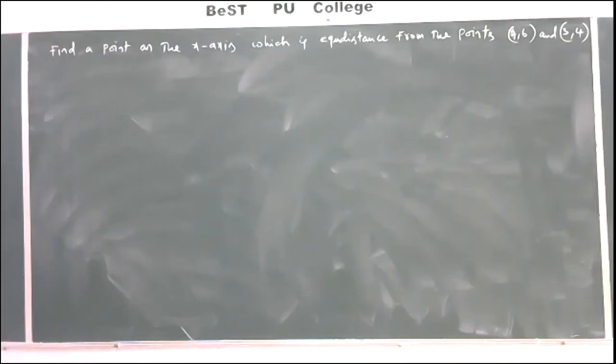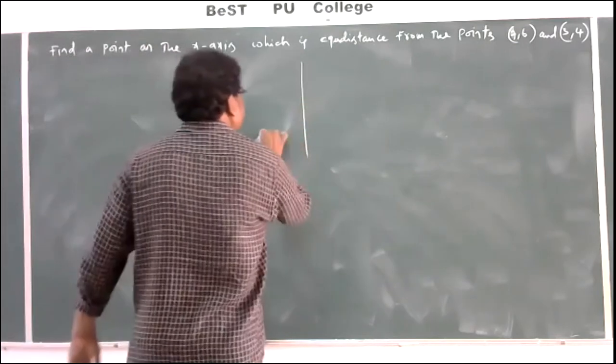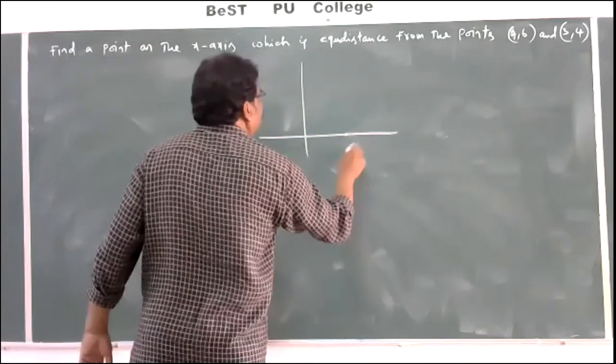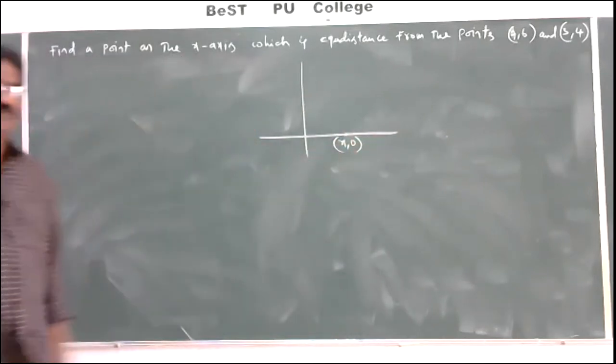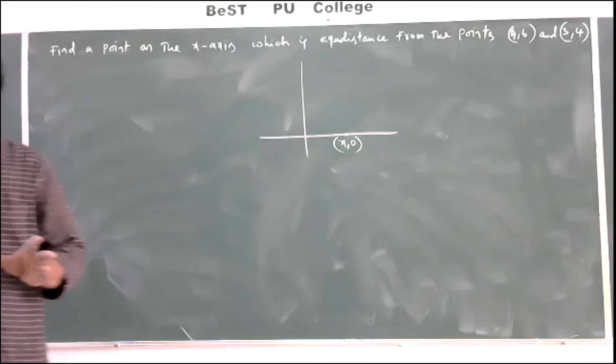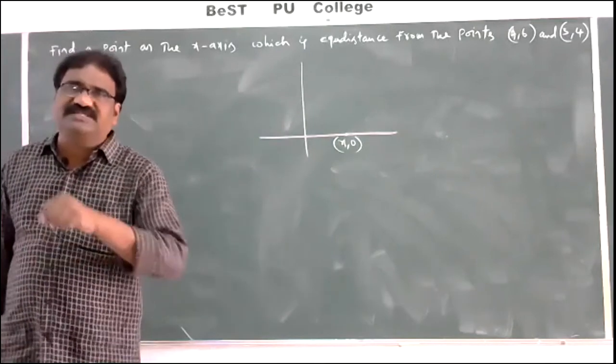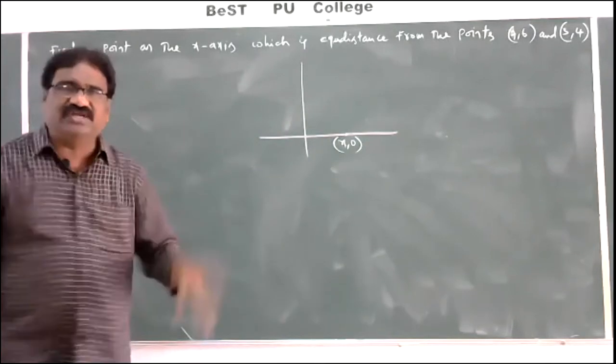Here, you understood the problem. Find a point on x-axis. A point lying on x-axis means that point is x, 0. If any point lies on x-axis, the y coordinate should be 0. That is x, 0 is the required point.